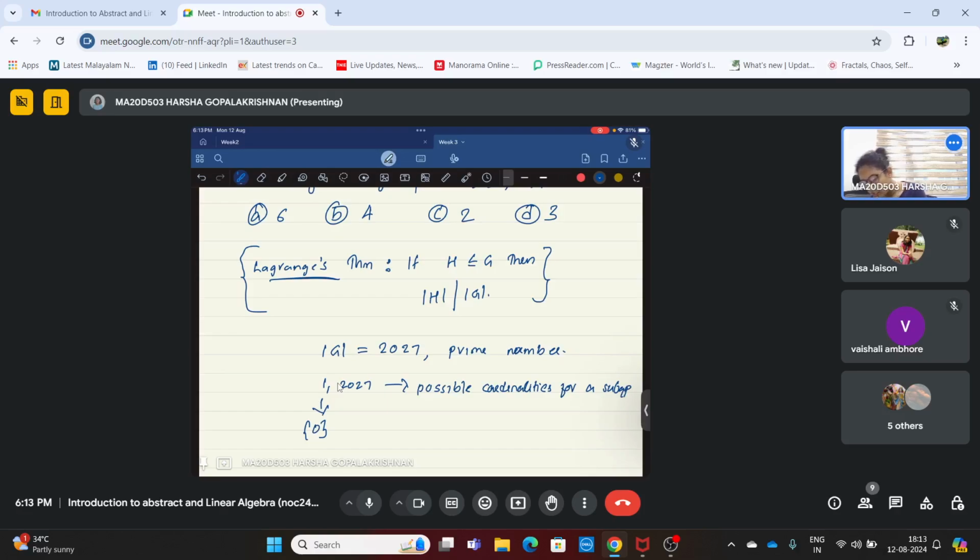And now can you say what the subgroup of the group Z_2027 with cardinality 2027 is? That's easy, right?